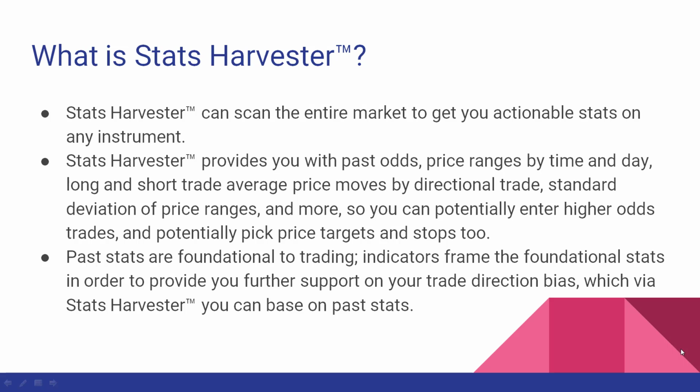Moreover, Stats Harvester provides traders with a variety of additional past statistics such as the price ranges, means of those price ranges, standard deviation of those price ranges, and more so that you can have an idea of potential profit targets and stops too.